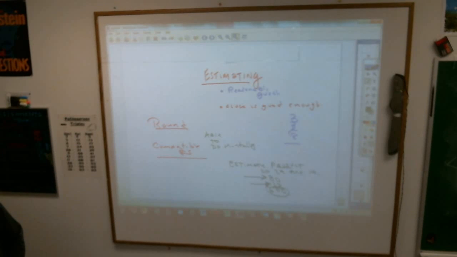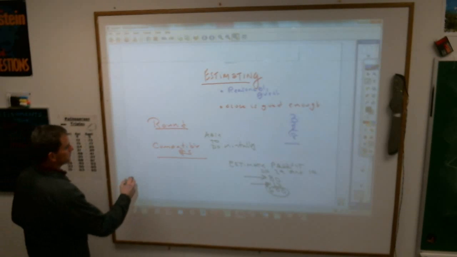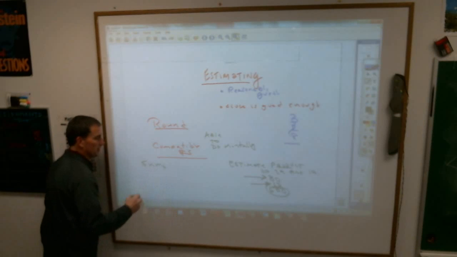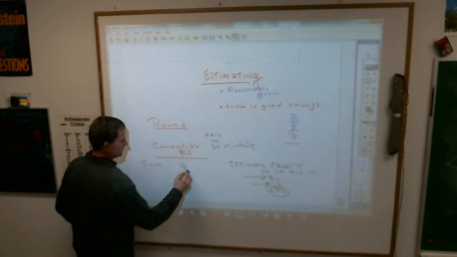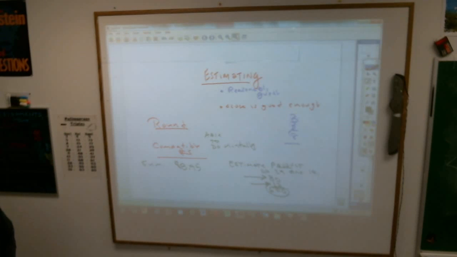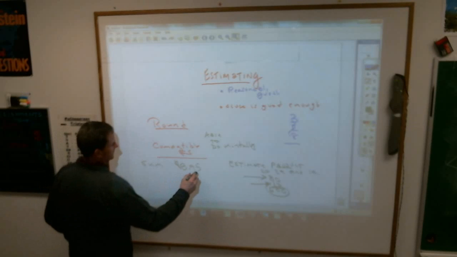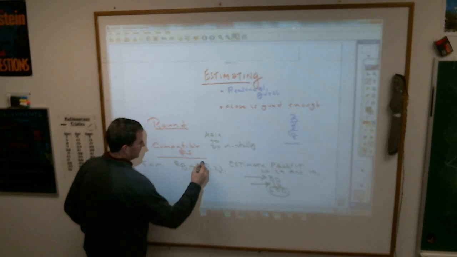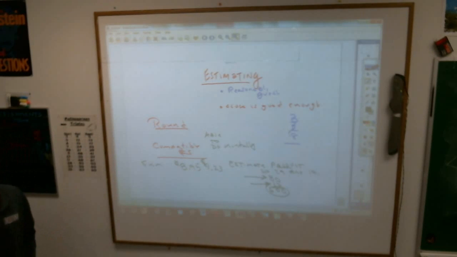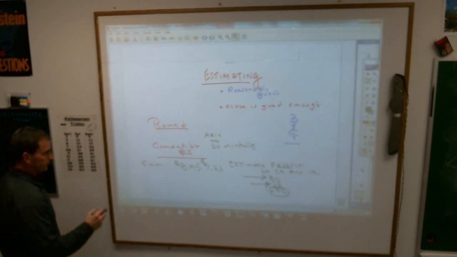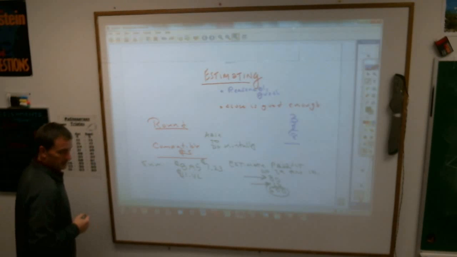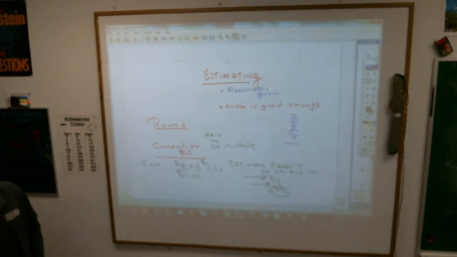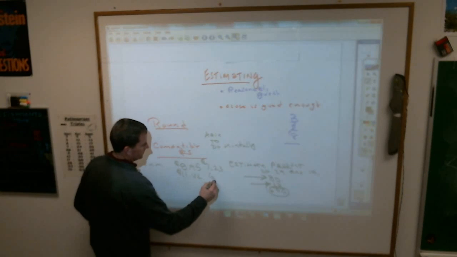Another example would be estimate the sum of $8.95, $7.23, $11.42, and $6.89.